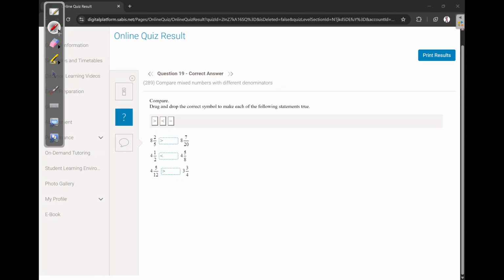Question 19. 5 times 4 equals 20, and then 2 times 4 equals 8, and the wholes are the same, so this one is bigger. 4 and 1 out of 2, and 5 and 4 out of 8.